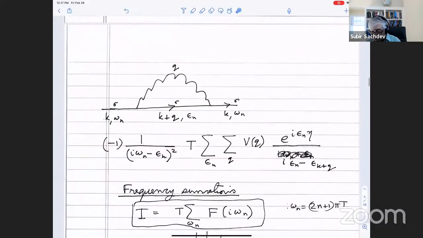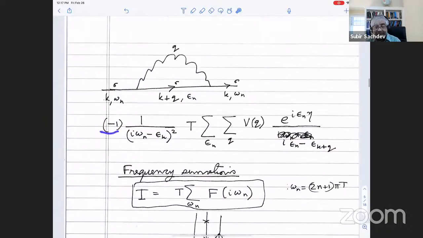Here there is only the -1 from the interaction. And then the other difference is that there's no factor of 2 from the sum over spins. So here the spin sigma continues to spin sigma, and then this is the same spin sigma. So whatever the spin of the internal line is the same as the spin of the external lines.